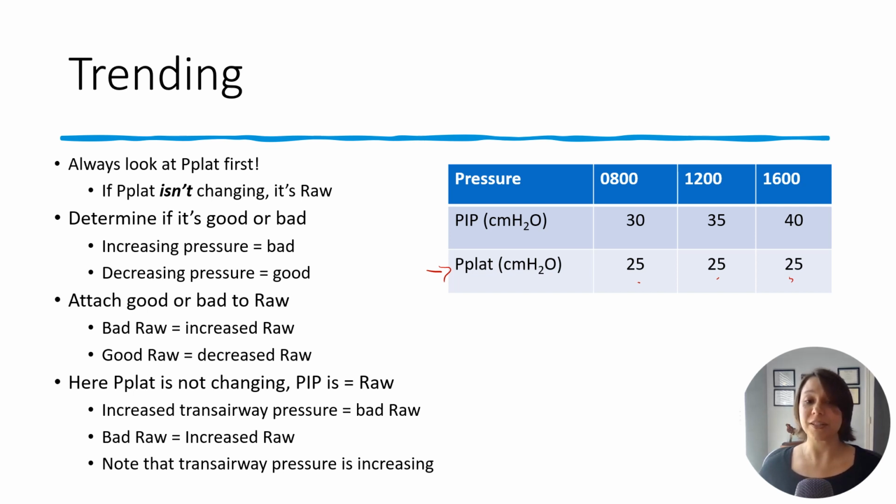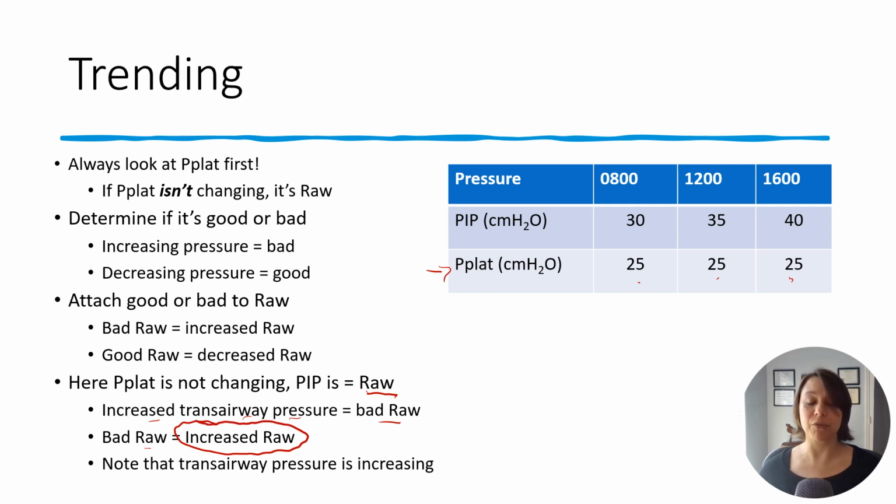Here, plateau pressure is not changing, so we know that the problem is airway resistance. We also know that we have an increased trans-airway pressure. That also means a bad airway resistance. Bad airway resistance is when it's increased. We have an increase in airway resistance. That is not a good thing, and so that is my answer.